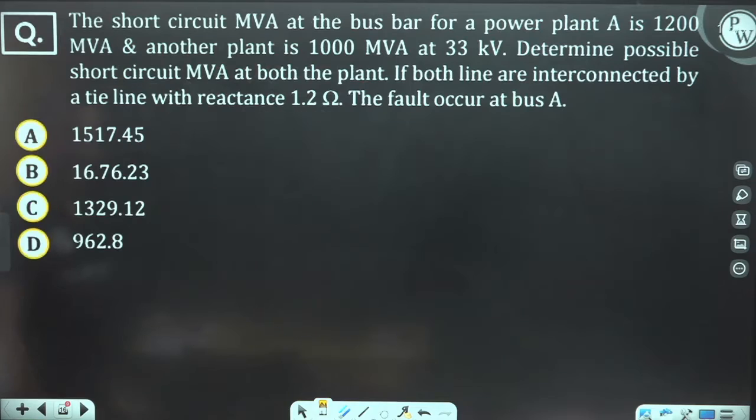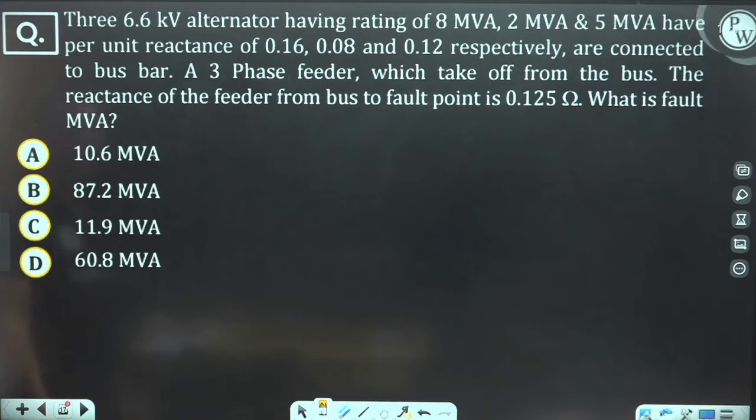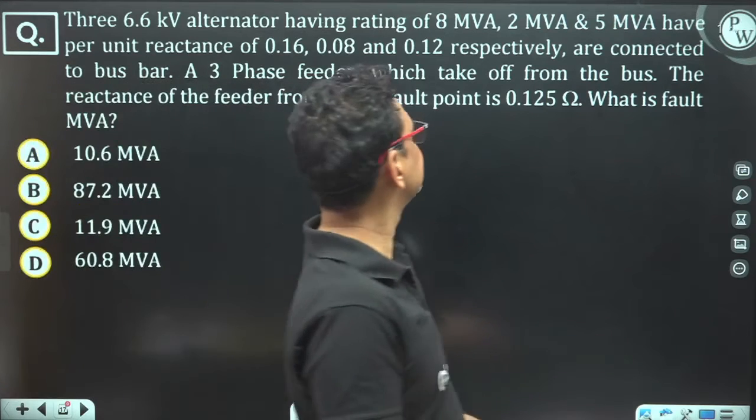Okay, let me take one more example. Okay, let's take this example first.